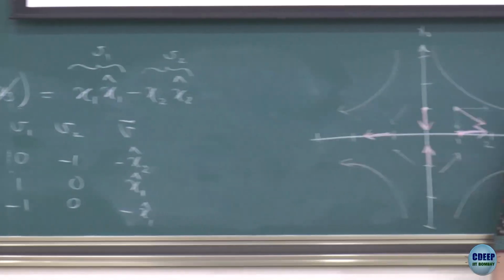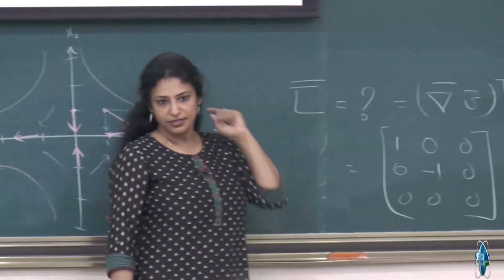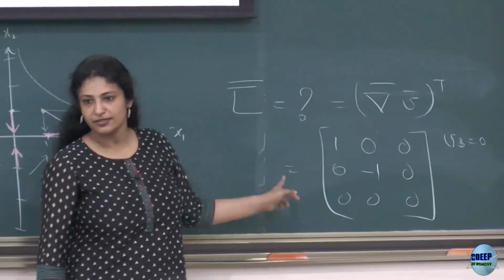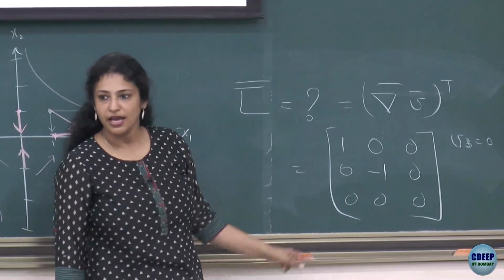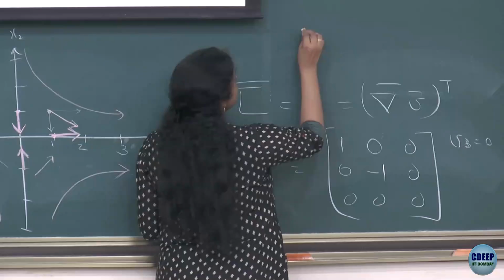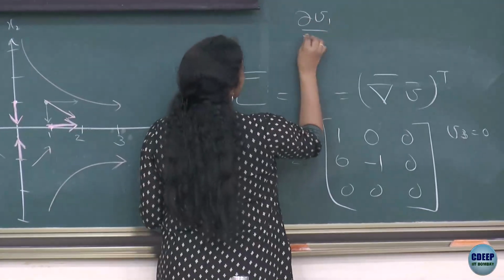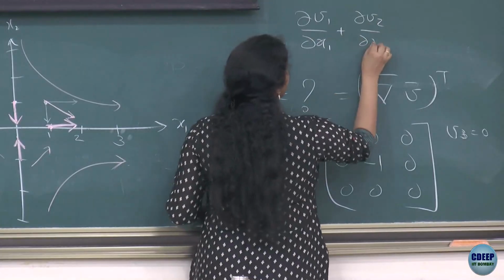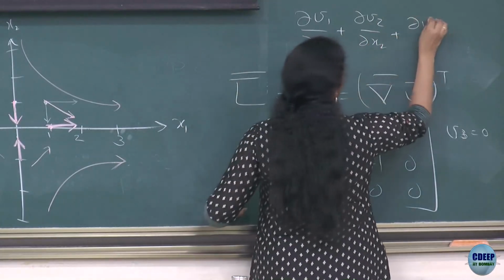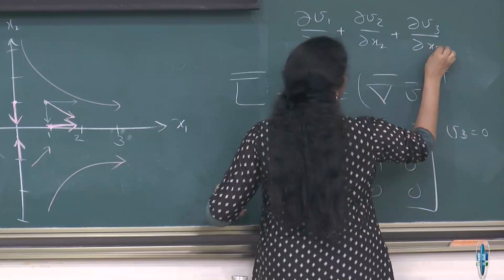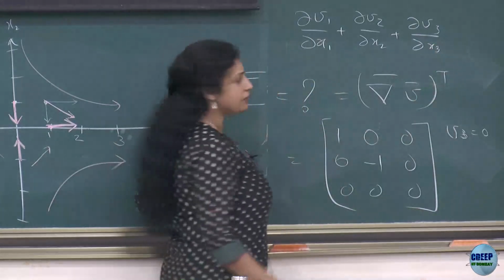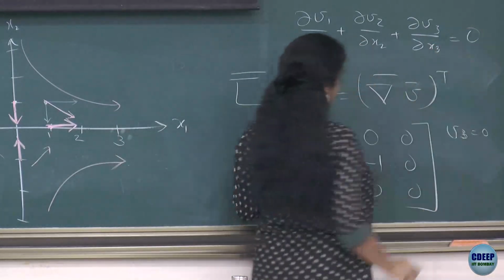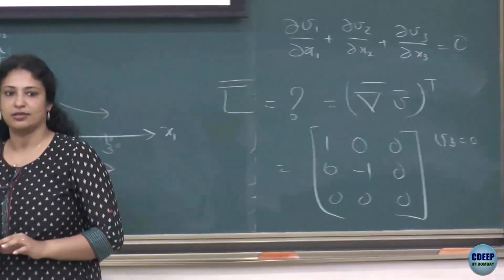Another thing that you are seeing here is that the trace of the matrix here is 0, right. And what does the trace depict? The trace is dou V1 dou x1 plus dou V2 dou x2 plus dou V3 dou x3, and you are getting that the sum of all these 3 is 0.